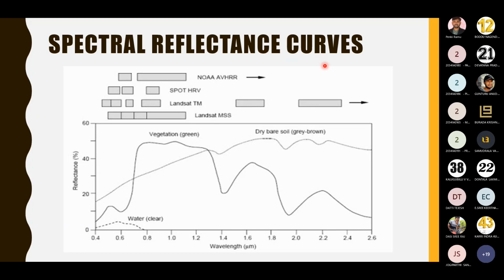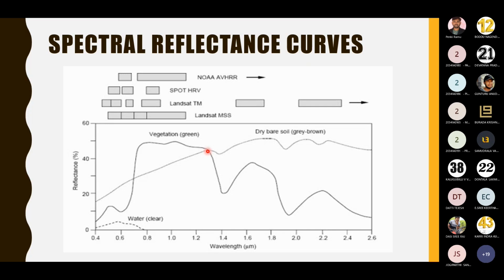One more key point here is, if you want to differentiate between vegetation and soil, and you collect data at the 1.3 micrometer wavelength range, both soil and vegetation are reflecting 40 to 45% of the energy back into the atmosphere. So really you cannot differentiate between soil and vegetation.